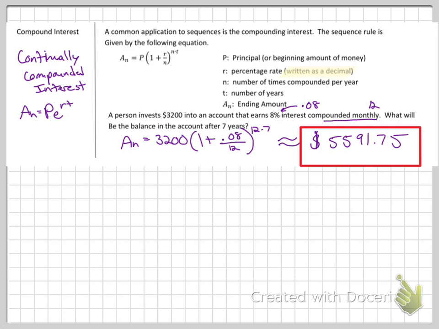We talked about E when we were doing natural logs. E is kind of like the pi symbol. It represents a constant, an irrational constant that can't be written in any other way. It's around 2.7182... That's another equation that you use if something's being continually compounded. So not just monthly, but just non-stop being compounded.